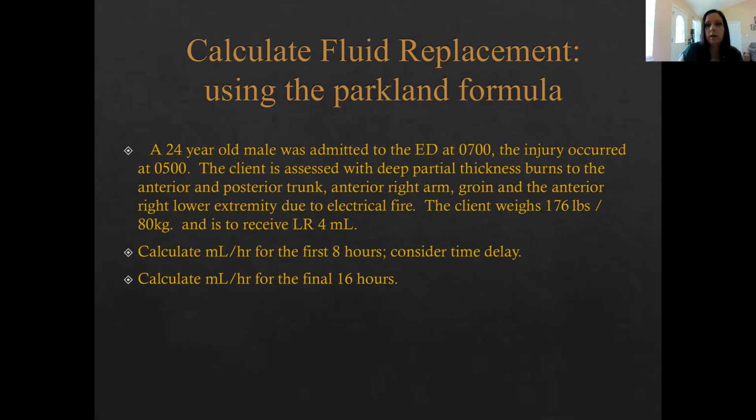So let me get the whiteboard up. Okay, so we have a client with deep partial thickness, so those count towards the TBSA, to the anterior and posterior trunk. So the anterior trunk is 18%. The posterior trunk is 18%.